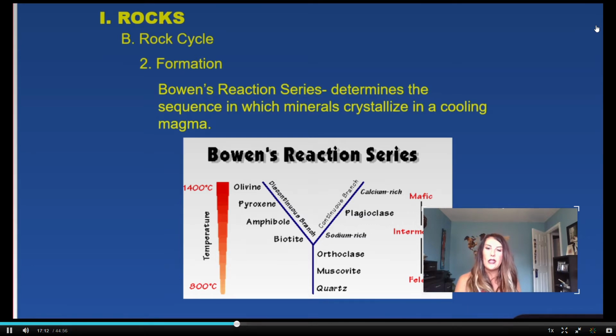So, moral of the story is that Bowen's reaction series gives us a glimpse as to how igneous rocks form and at what temperature they form. As an example, if we look at Bowen's reaction series, granite is a type of igneous rock. You can see it all over in your tabletops. If you've ever been to Sioux Falls, South Dakota, you can see this fantastic pink granite. Granite always contains, look at your Bowen's reaction series as I talk, quartz, orthoclase, which is another name for feldspar, and biotite.